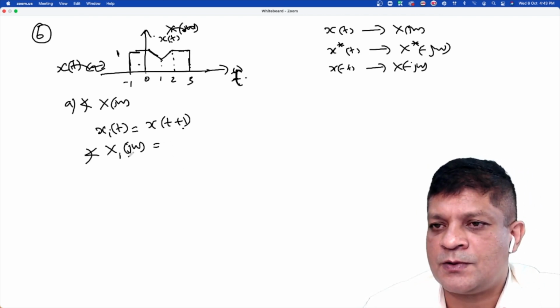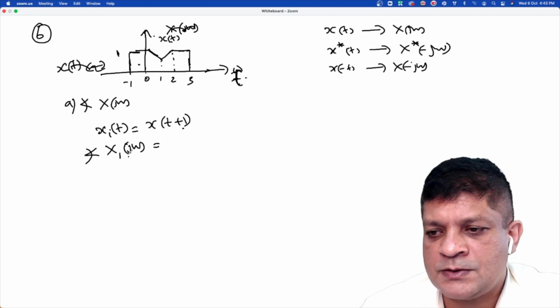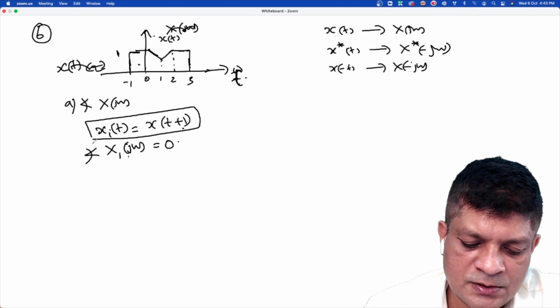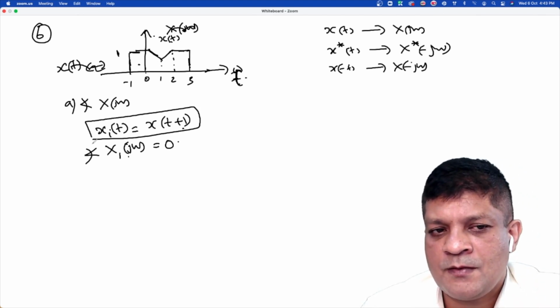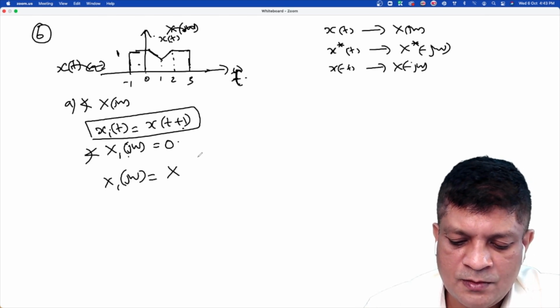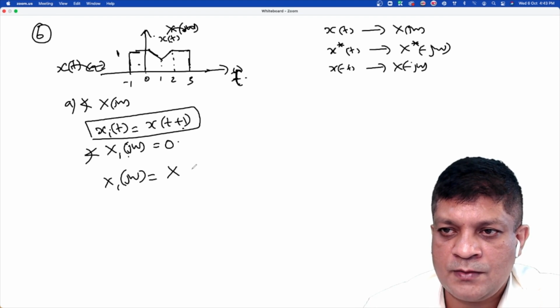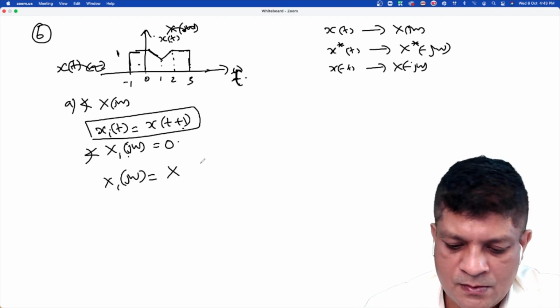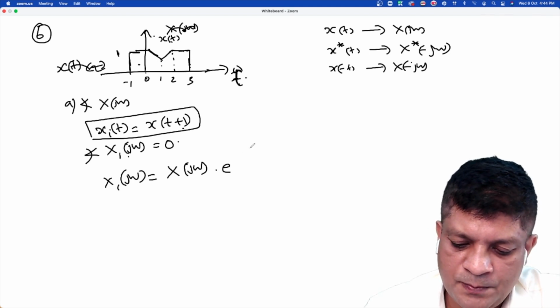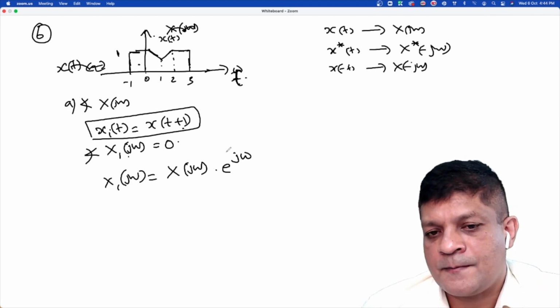Real means phase angle is 0. Now what is the relation between the Fourier transforms? X1(j omega) is equal to X(j omega) times e to the power j omega. This is the relation.